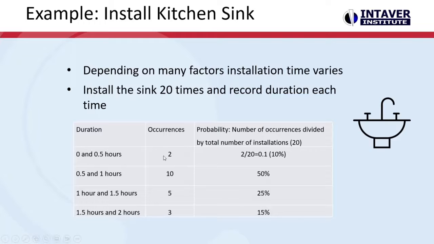We can see that we finished the installation 2 times in half an hour or less, 10 times in an hour or less, 5 times in an hour and a half or less. And in the last interval, between an hour and a half and 2 hours, we get these values on probabilities for those.